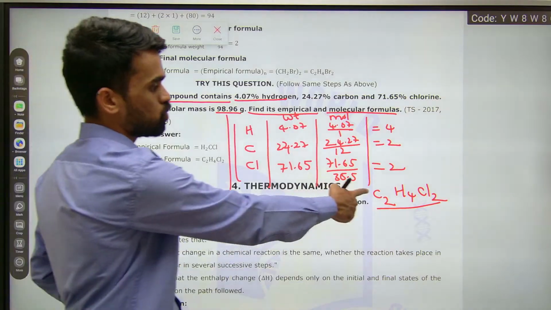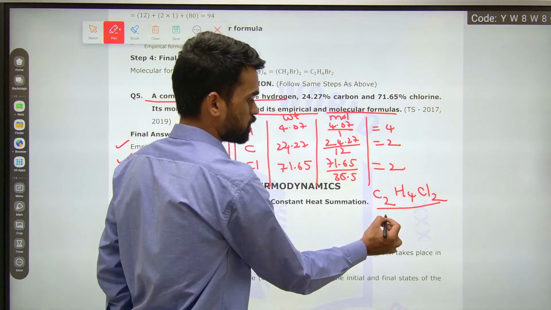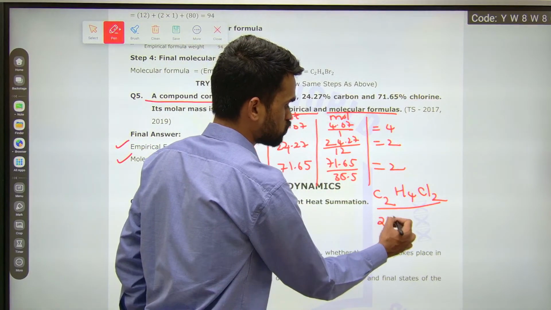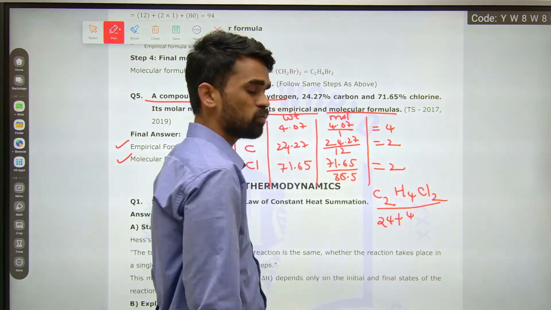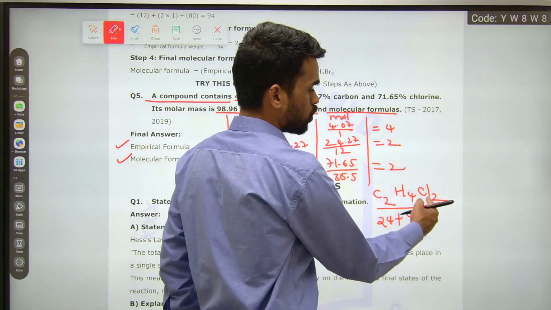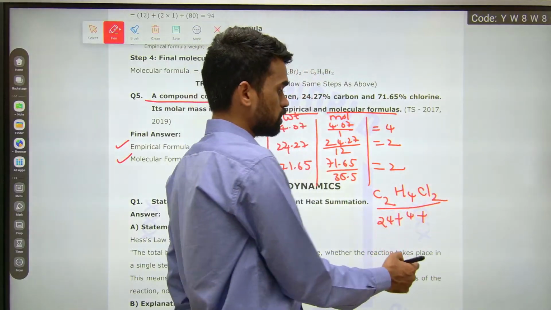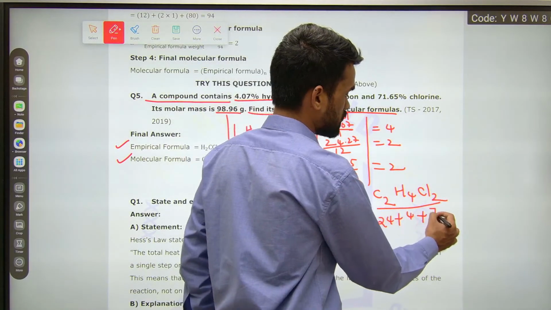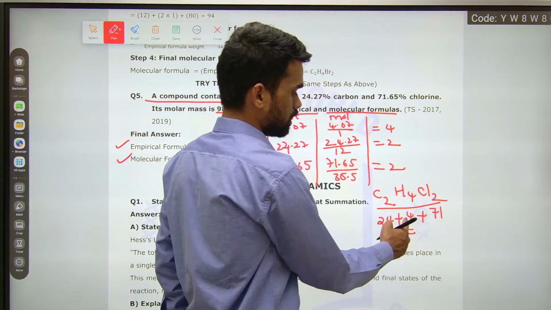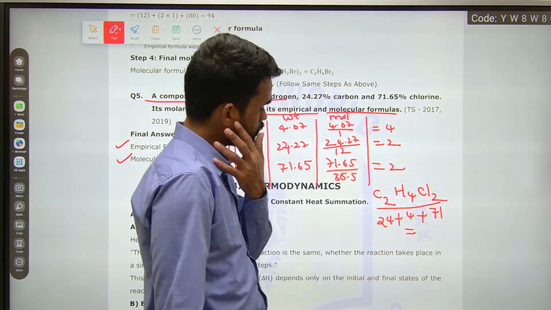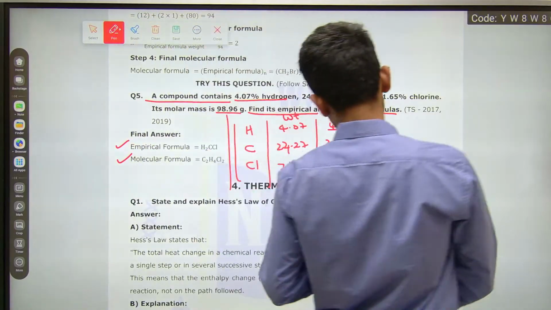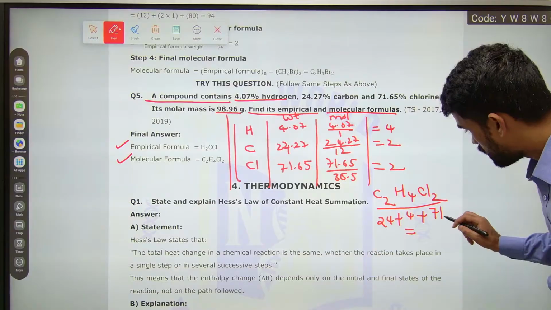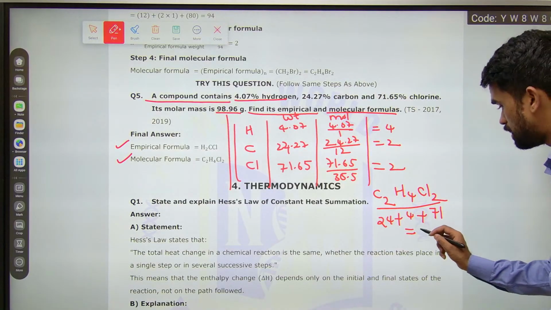Now find the molar mass of this substance. 2 carbons, so 2 into 12 is 24, plus 4 hydrogens, 4 into 1 is 4, and 2 chlorines, each one is 35.5, so it becomes 71. Add this, and it becomes around 99.